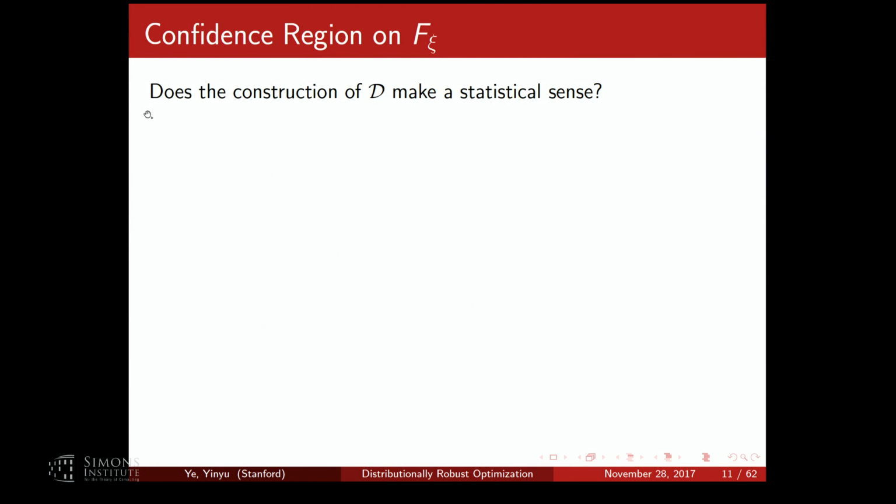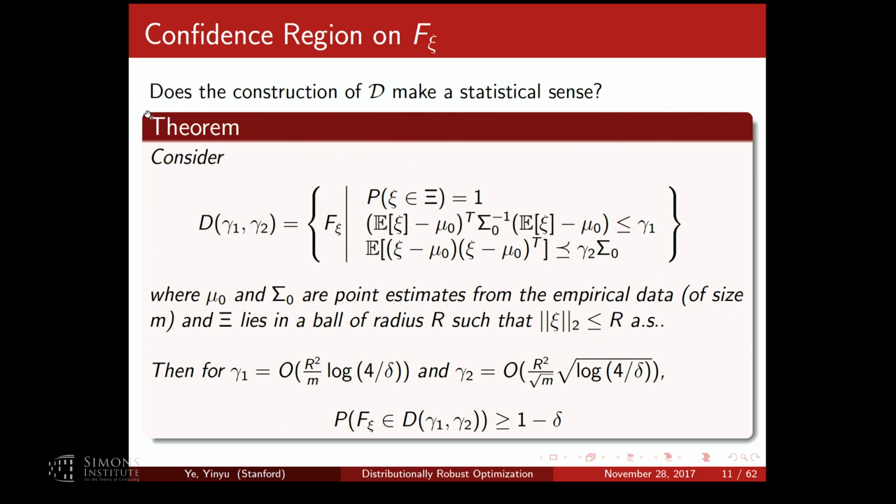The second question is, do these confidence intervals on the first and second moment make statistical sense? Yes. You assume mu0 and sigma 0, the covariance matrix point estimate, estimated from the empirical data, for example of size M. This big C is just the support, which is bounded, okay?